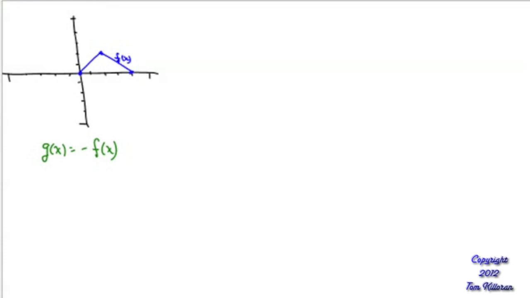Oh, wait a minute. I know this one. If y is positive and I multiply it by a negative, it makes it negative. If y is negative and I multiply it by a negative, it makes it positive. So if it was on the top, now it is on the bottom. If it was on the bottom, now it's on the top.